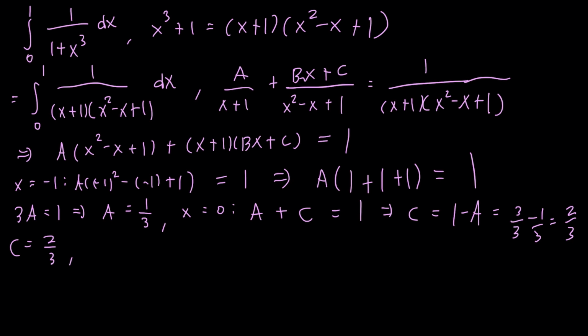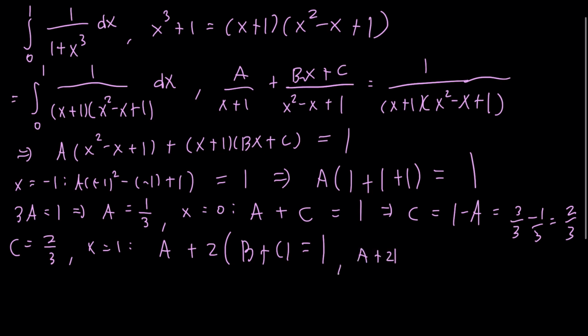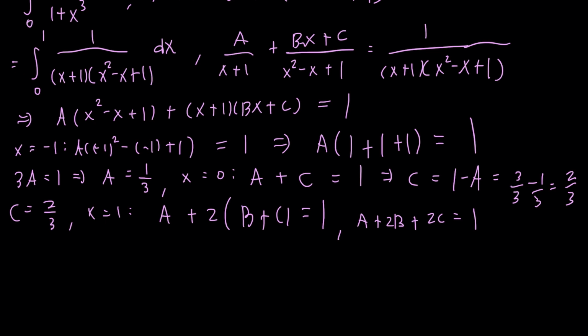And now we could plug in x equals 1. So when x equals 1, we're going to have A plus 2 times B plus C is equal to 1, and we have to solve for B. So we have A plus 2B plus 2C is equal to 1. And plugging in the values, we said A is 1/3, so 1/3 plus 2B plus 2 times C, which is 2/3.